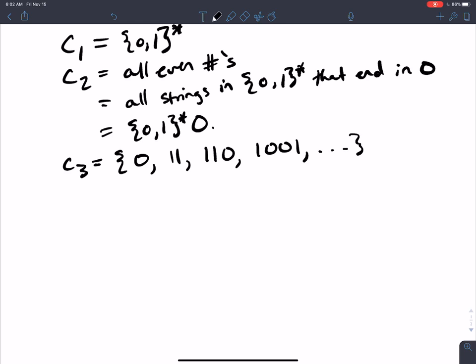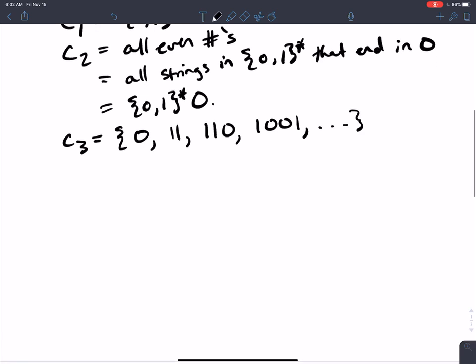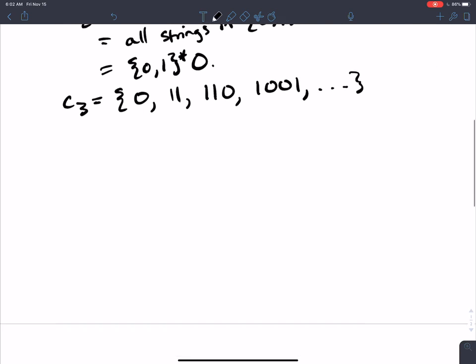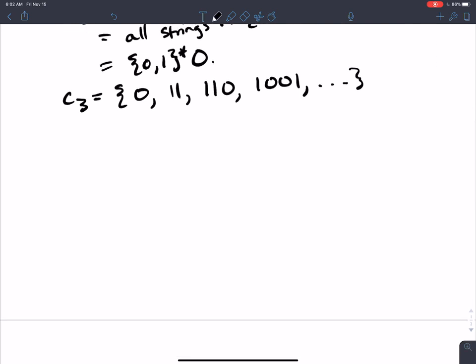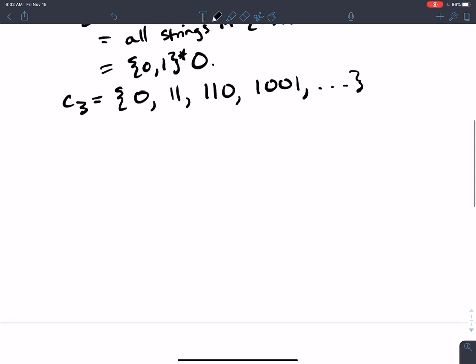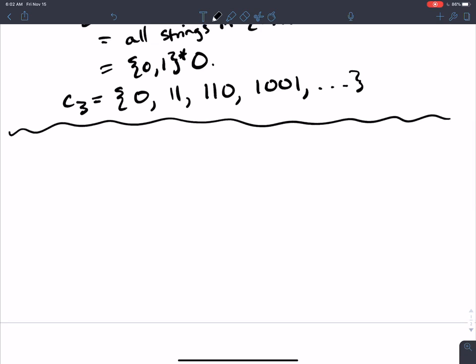So there's not really any distinguishable pattern here. With C1 and C2, it seemed like we had {0,1}* with something after it. But for C3, there's not really that kind of pattern. So let's think about this for a second. How does a DFA read strings?